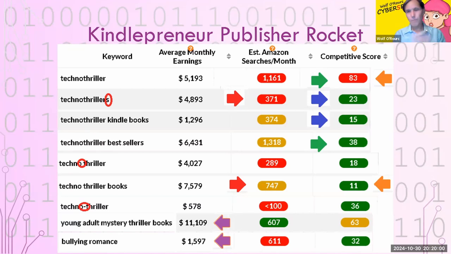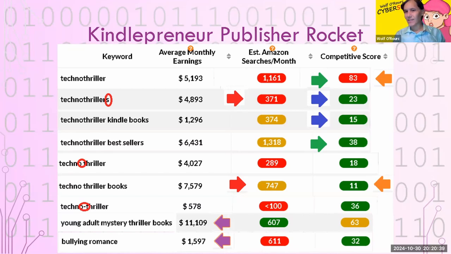So techno thriller Kindle books is better than techno thrillers because there's less competition, and it was just enough to push it into the yellow category. But if the competition is drastically different, like the orange arrows, 11 versus 83, even 400 more searches per month don't help you, because you just can't rank in there unless you're a big name author. So then again, the lower ranking term is better for you.